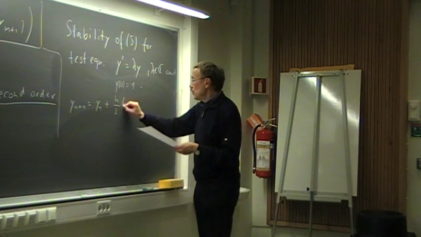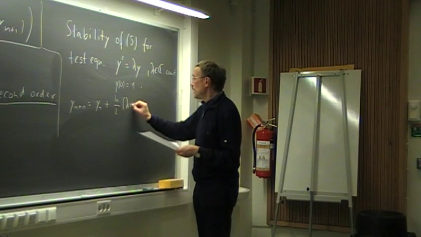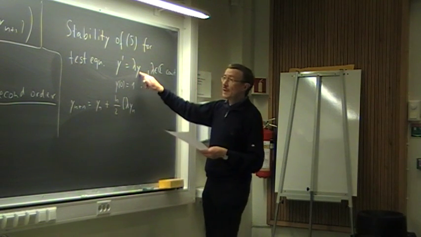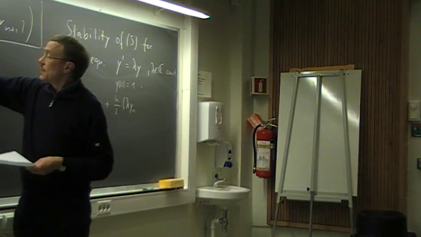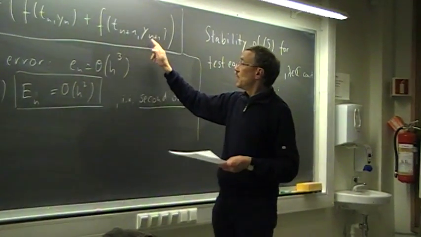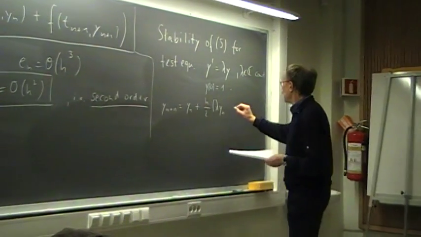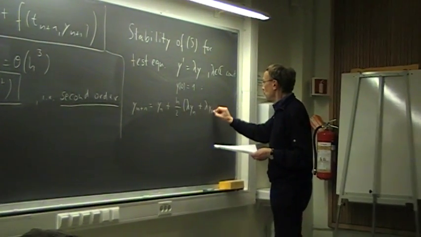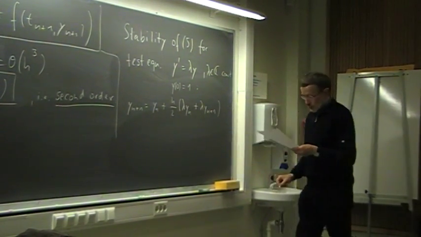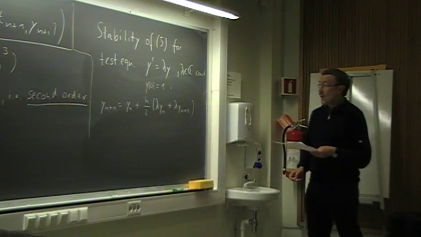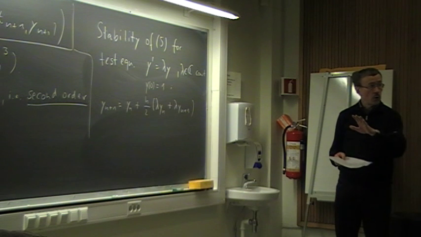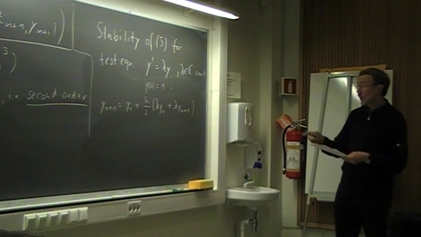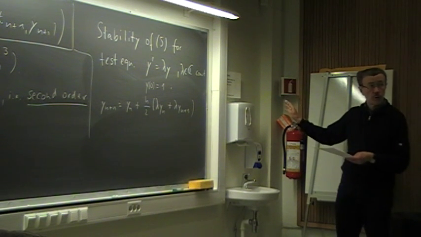And then we have here lambda yn. That is what we get from the f here, and this will be lambda yn plus 1. So, and it is now a good idea to collect everything that we don't know on the left-hand side, that is yn plus 1, and all what we know on the right-hand side.